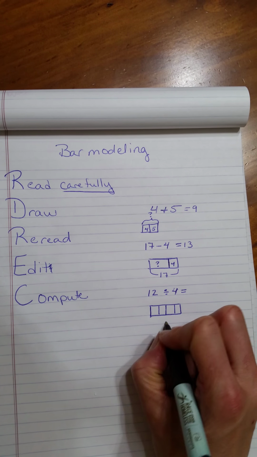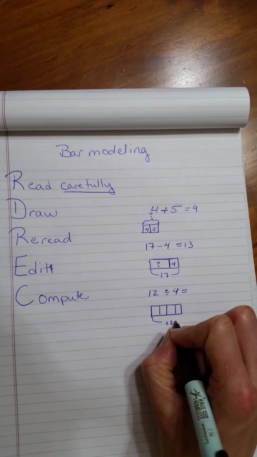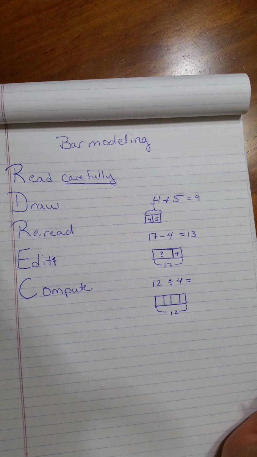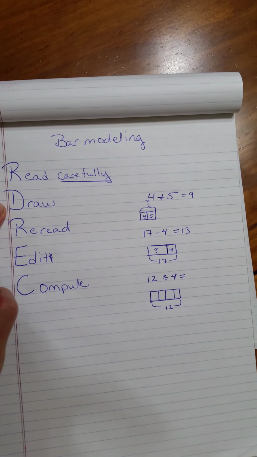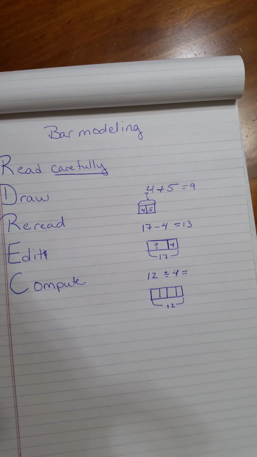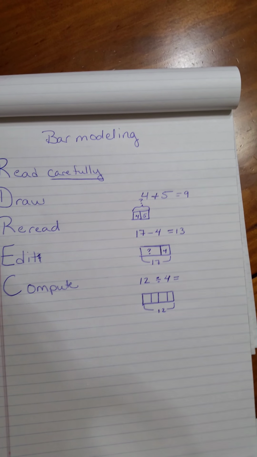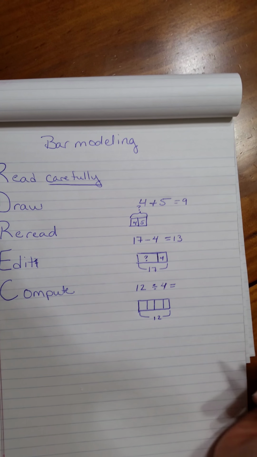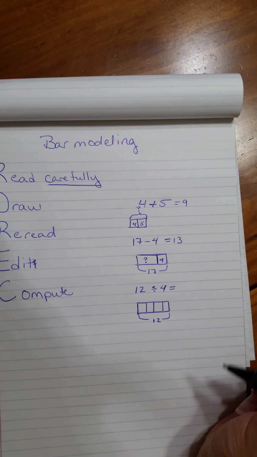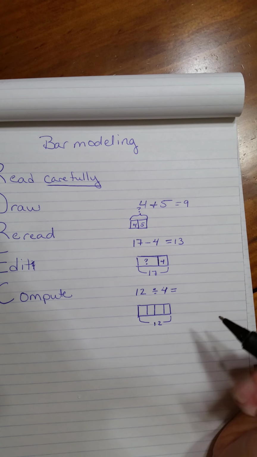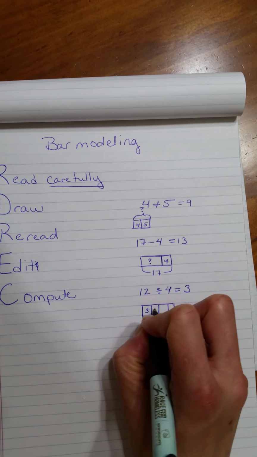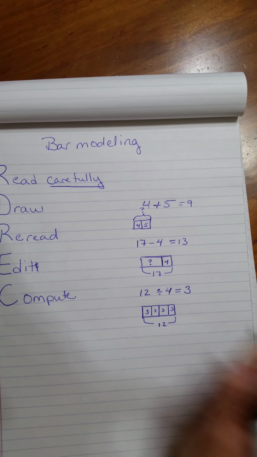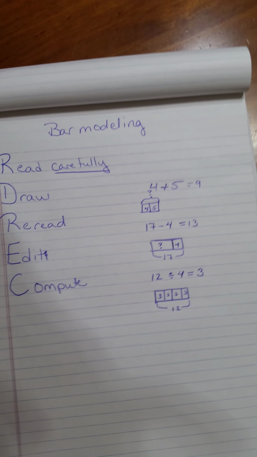And I need to find out what each one of those is. Okay, so I read it carefully. I draw the picture. I reread to make sure that I understand. And then no editing is necessary. Okay, so each of those spaces is going to be worth 3 to make it add up to 12.